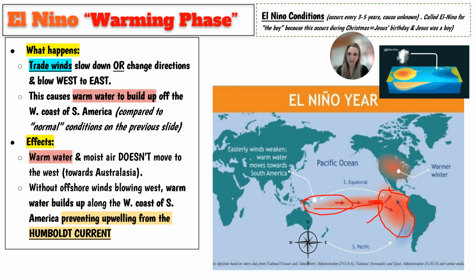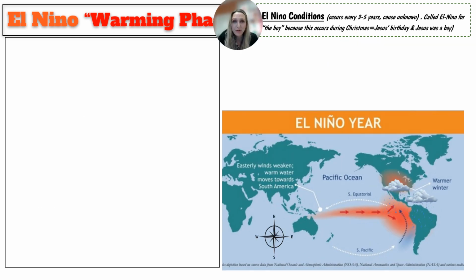Without the offshore winds blowing west, without our traditional winds blowing in this direction, we're not going to have any upwelling here. So the Humboldt current is not upwelling. Anyway, pretend like that didn't happen.